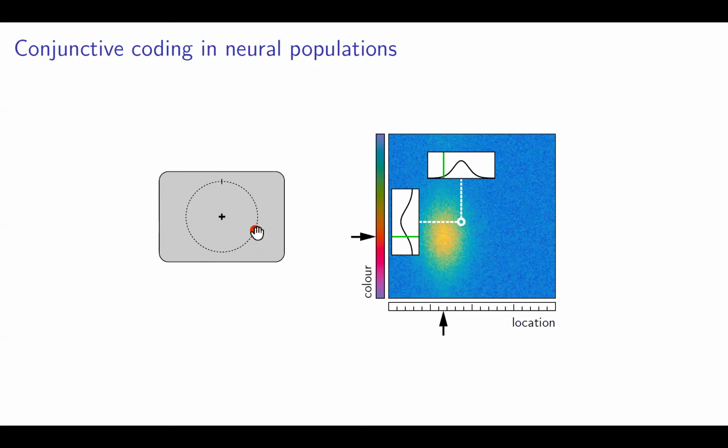To present information in a population code, you already need a lot of neurons that cover all possible combinations of this just one-dimensional location in the circle around the center, and the color. So each individual neuron has a tuning curve for location and color, and responds maximally only when both of the features match its preferred values.